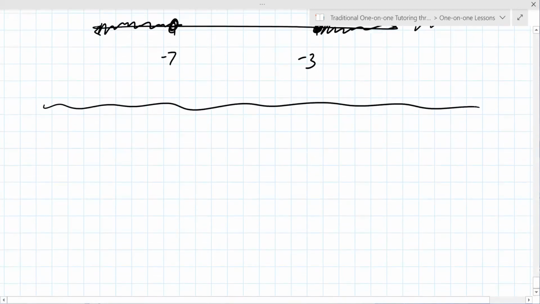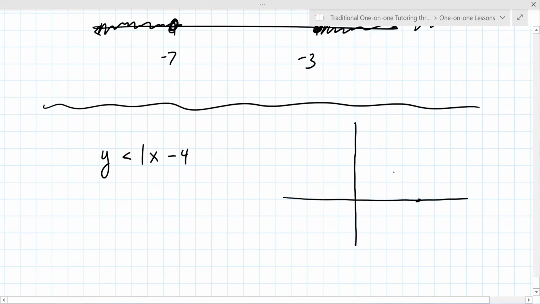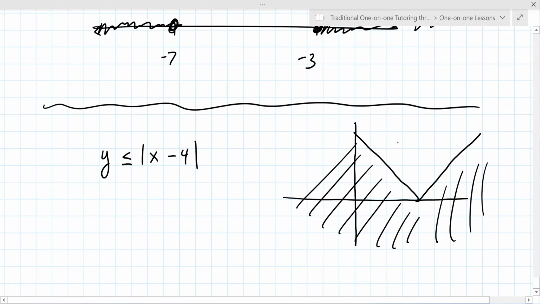Here's what I think you're thinking of. Let's say y is less than absolute value x minus 4. So this has a v right here. Actually, let me make it less than or equal to. And then you want everything that's less than it, so it's actually all this stuff underneath. Is that what you're thinking of?